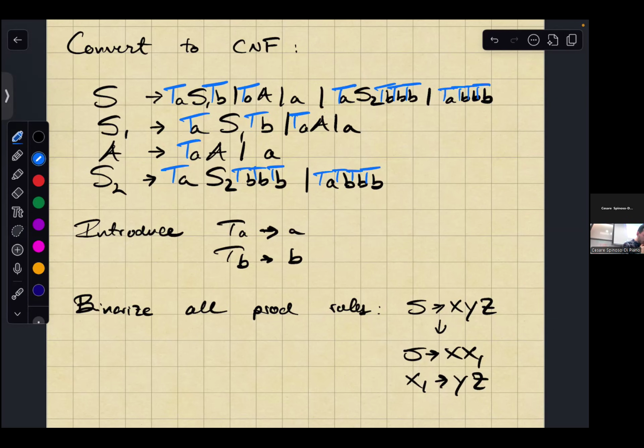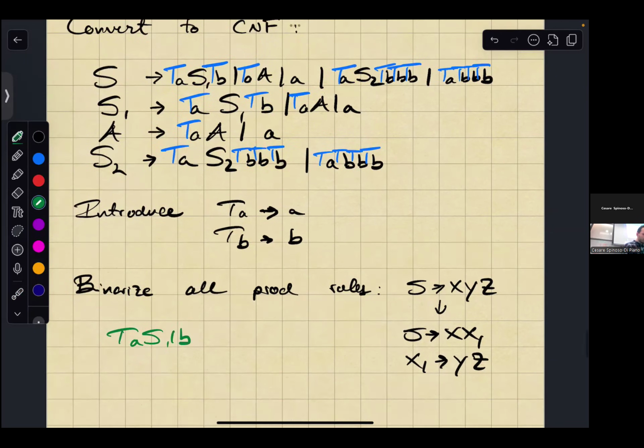Let's see. To do that, I'm going to start by binarizing this guy, TA S1 TB, right? So to binarize TA S1 TB, I'm going to introduce a new intermediate variable x1. So x1 gives me S1 TB. I'm realizing it actually might have been better to copy the grammar, so let me do that.